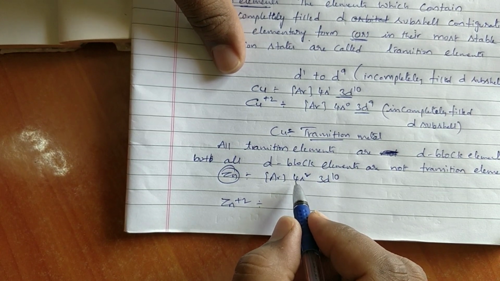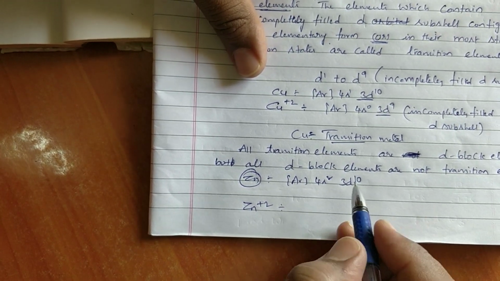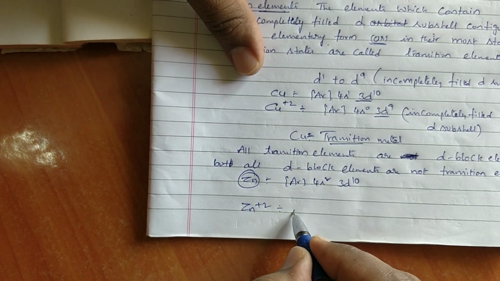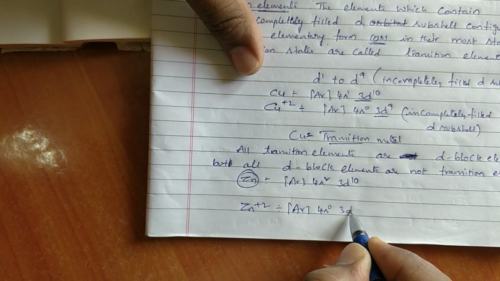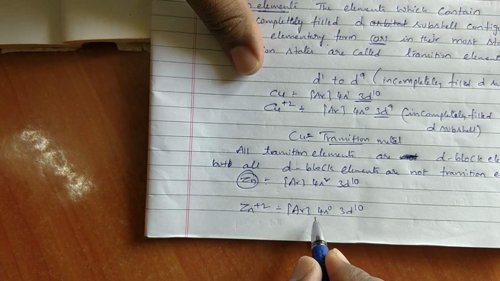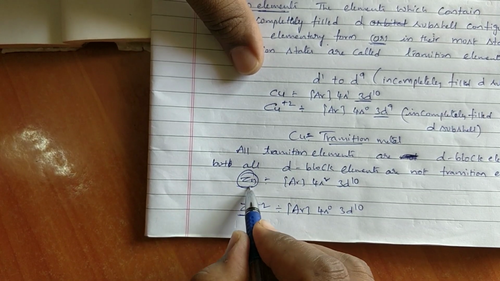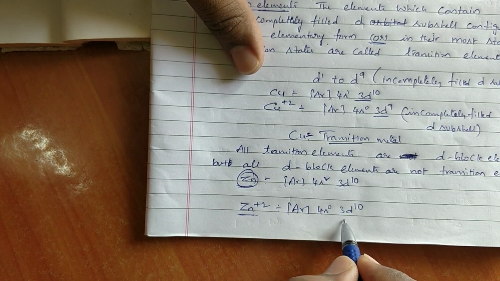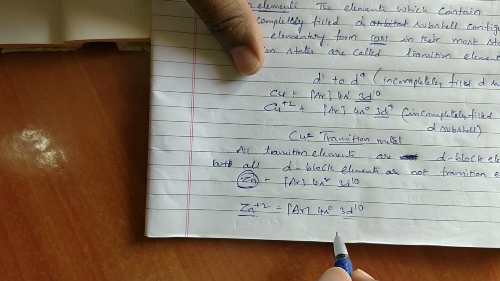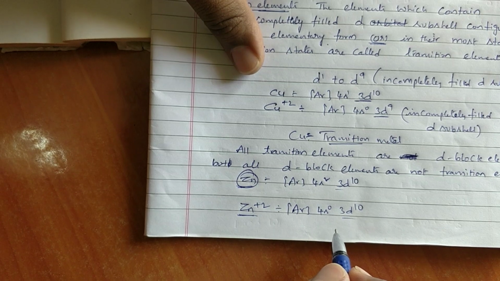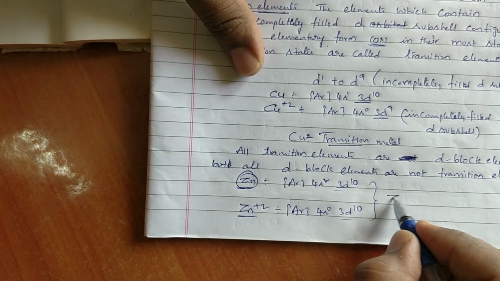When removing electrons, the outermost electrons must be removed first. So the Zn+2 configuration is argon 4s0 3d10. In its most stable oxidation state and in its neutral form, zinc has the 3d10 configuration only. It has no incompletely filled D subshell. That's why zinc is not a transition metal.